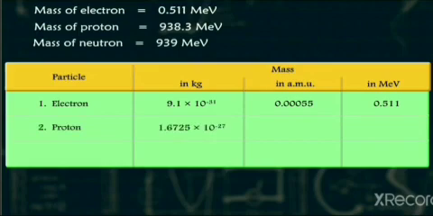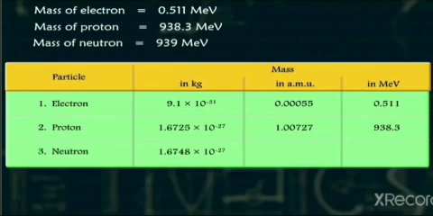Proton: 1.6725 × 10^-27 kg, 1.00727 AMU, 938.3 mega electron volt. 3. Neutron: 1.6748 × 10^-27 kg, 1.00865 AMU, and 939 mega electron volt.